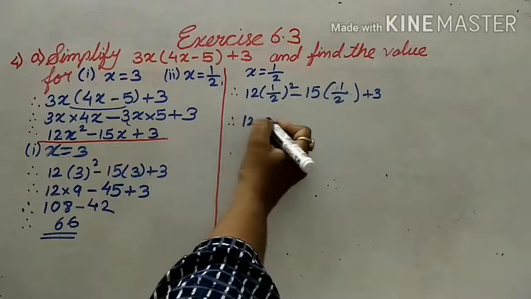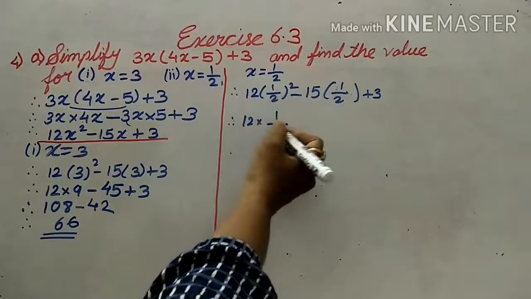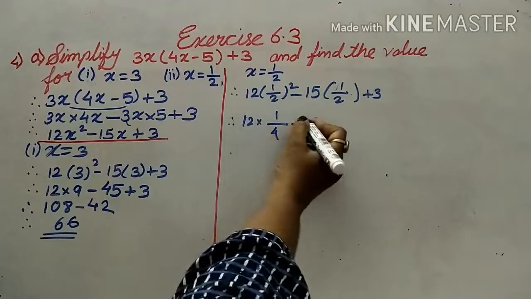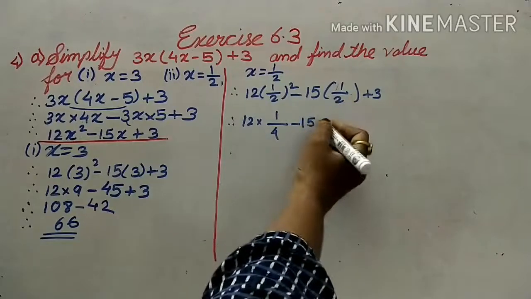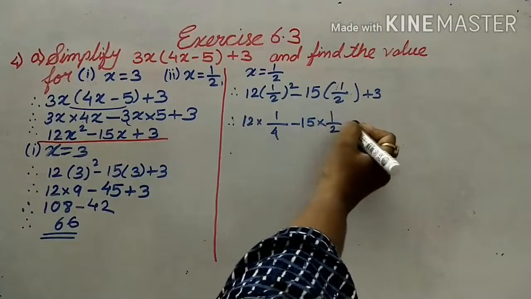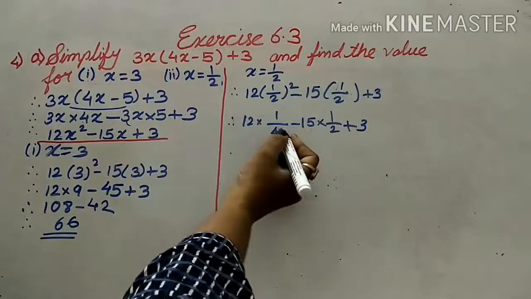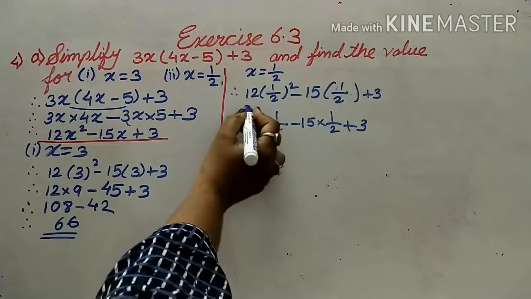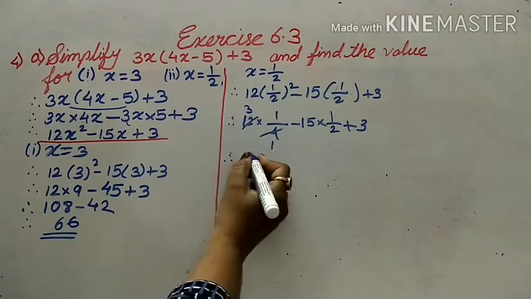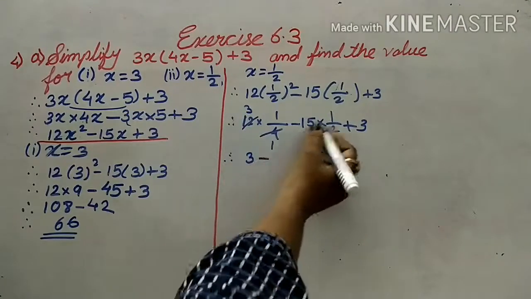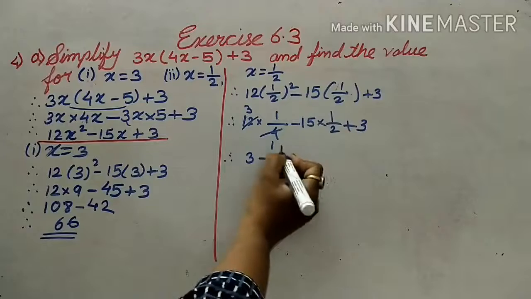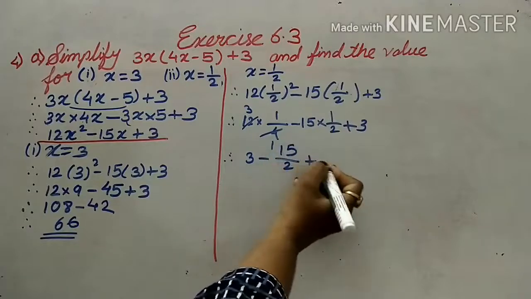Therefore, 12, 1 square is 1, 2 square is 4, minus 15 into 1 by 2 plus 3. Next, we have to see that cancellation. Yes, 4 1s are 4, 4 3s are 12. Therefore, 3 minus, now 15 1s are 15, 15 by 2 plus 3.